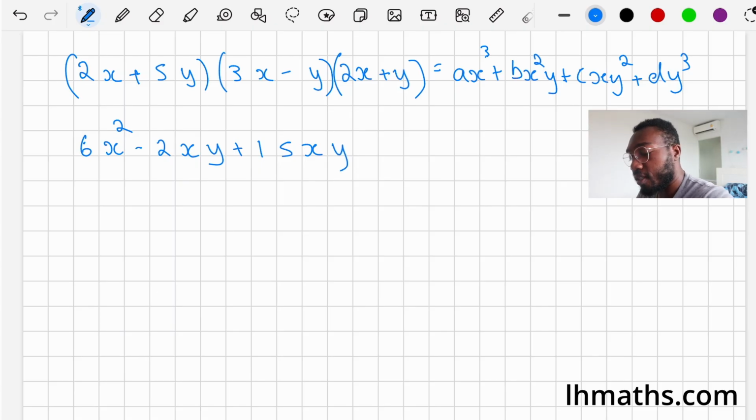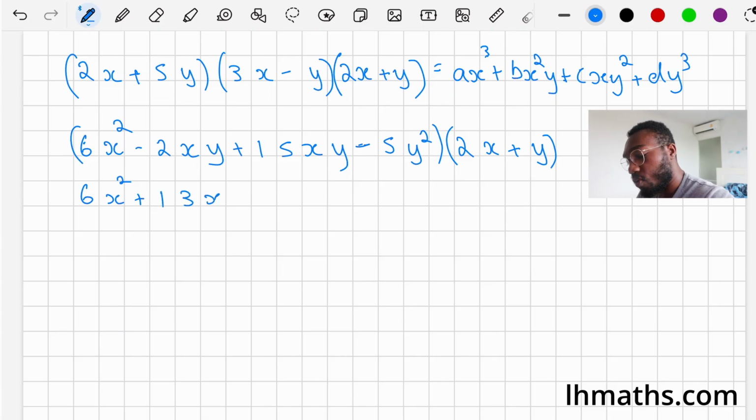And a 5y times a minus y is a minus 5y squared. And that is all being times by 2x plus y. So if we simplify this down, we would get a 6x squared, a minus 2 plus 15, that will give us a positive 13xy minus a 5y squared, and that is all being times by 2x plus y.